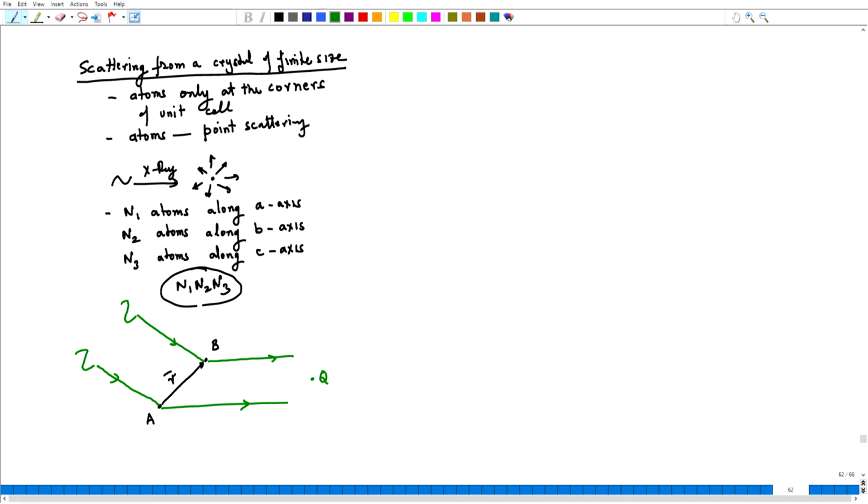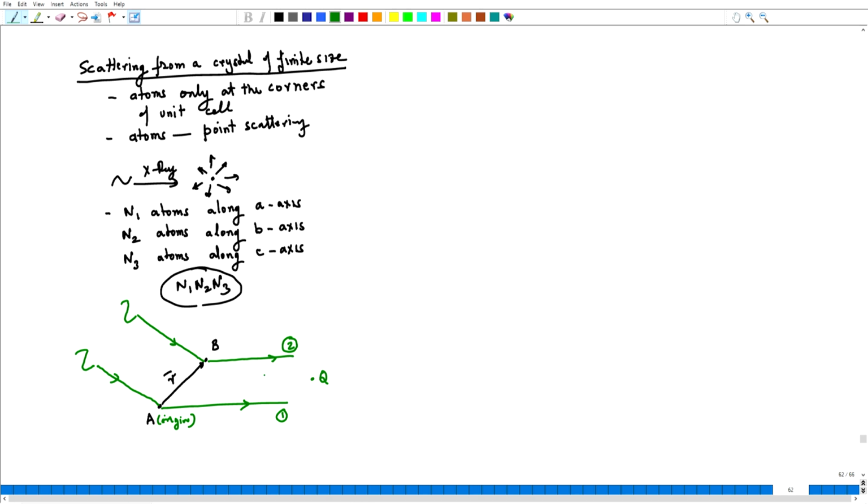Now, again these 2 rays, call them ray 1 and ray 2. Depending on the path difference, there could be constructive interference or destructive interference, and to find that out we have to find the path difference. So, let me call this point A also the origin. With respect to this origin, we will do all the calculations.